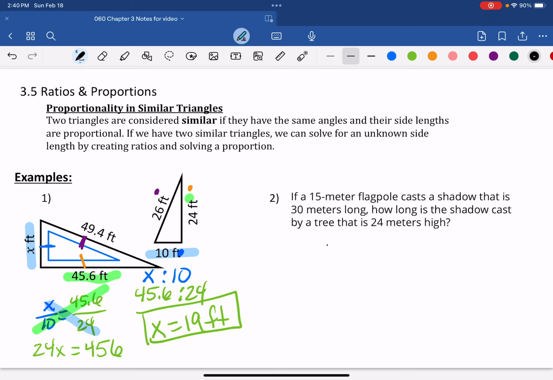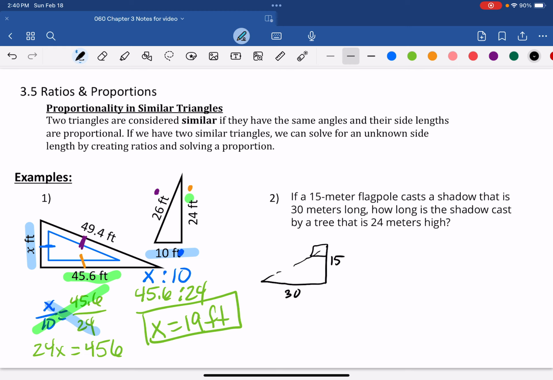So we're looking at a flagpole. There's a flagpole. And the flagpole is 15 meters. And it casts a shadow that is 30 meters. There's our triangle.